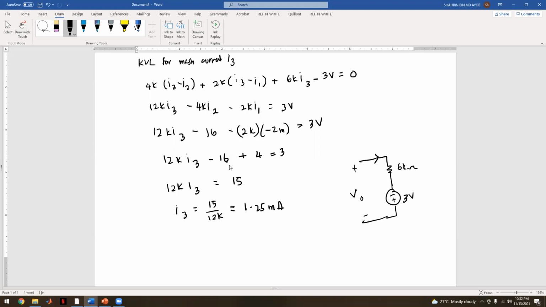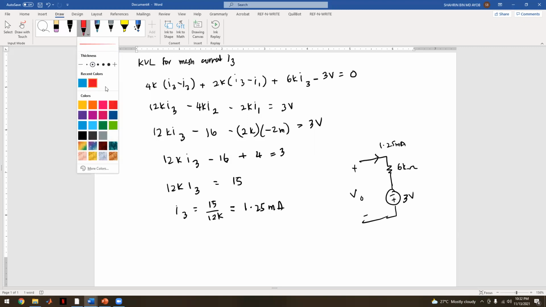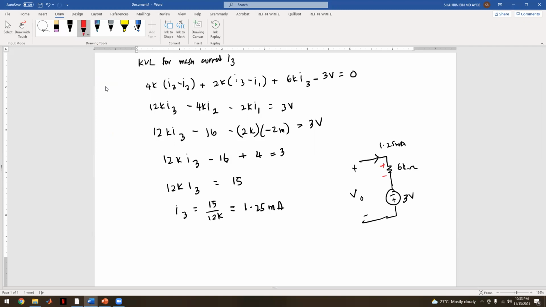So the current that flows through 6 kilo ohm is actually I3, which is 1.25 milliamperes, and it will actually be entering the positive terminal of the resistor. So your VO is actually 6K multiplied by 1.25 milliamperes minus 3 volts.